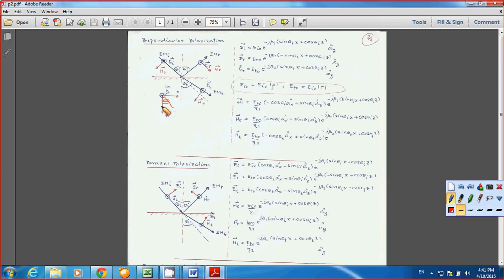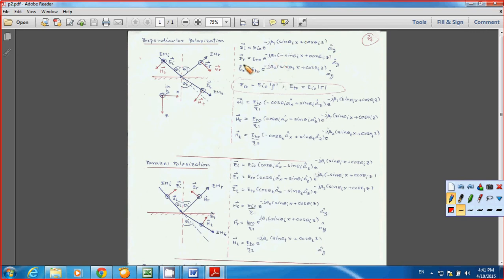The axes of propagation are x and z, but this one is just like a vector, so it has components in z and x. They both go in the positive direction of z and x, and this vector is simply cosine theta I for z, so I have cosine theta I z. For x, it's going to be sine theta I. Okay, just take a look at it that way.